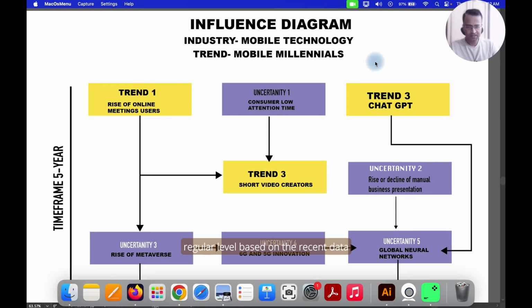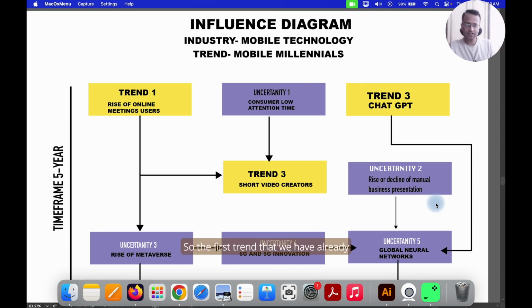Based on recent data, people are using mobile at least 6 hours a day. You can understand that this penetration of mobile technology in our life is unstoppable. So now let's look into our industry, mobile technology, and the time frame is 5 years.